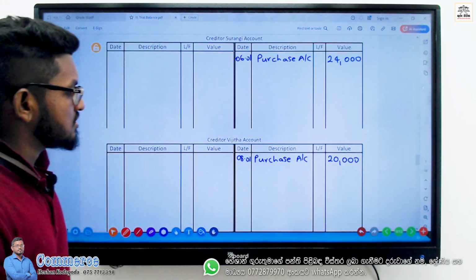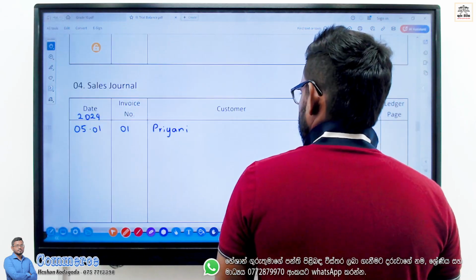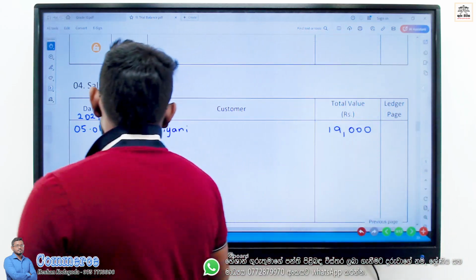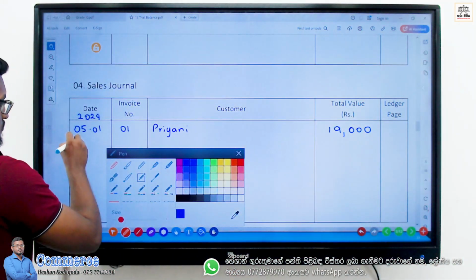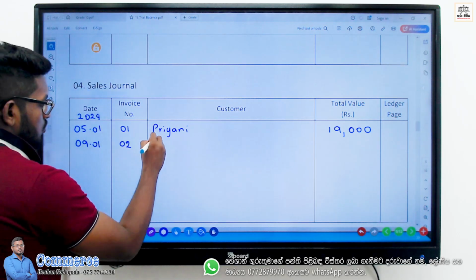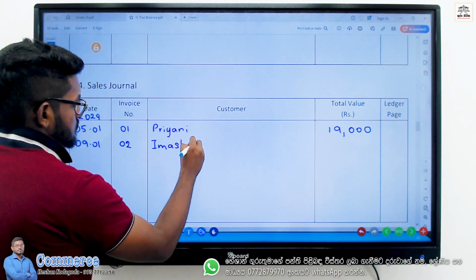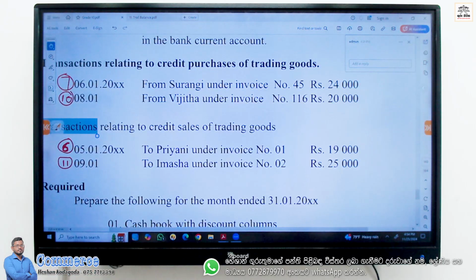Invoice number 2. To whom? Imasha. No discounts. 25,000, right?